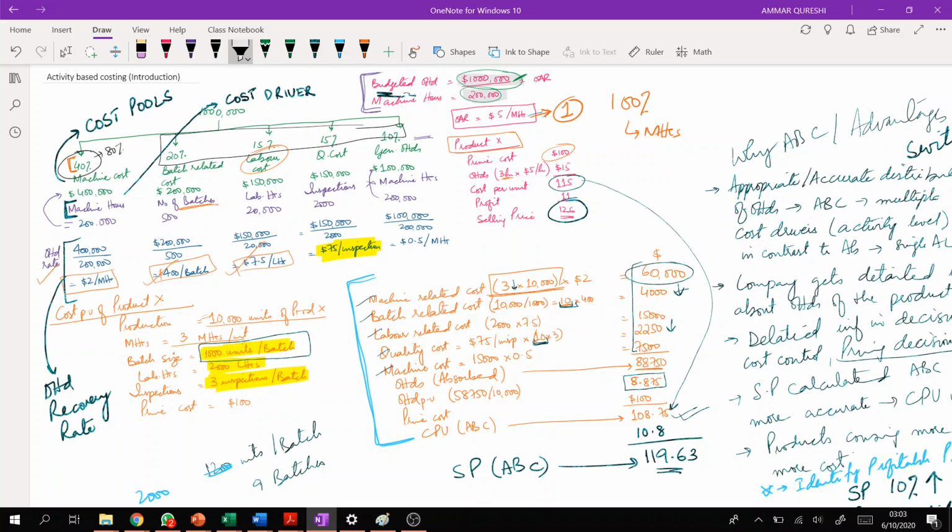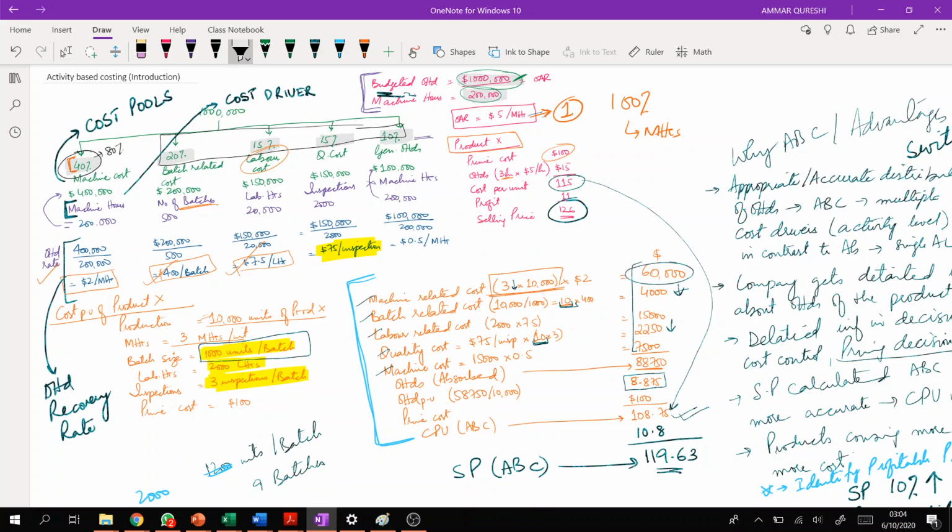But in case the company is using activity based costing, then we split the 1 million into groups, and we called those groups cost pools, right? So we identified that there were five different cost pools.